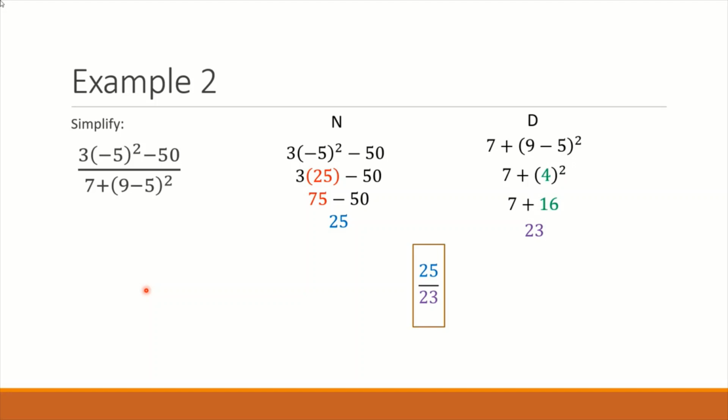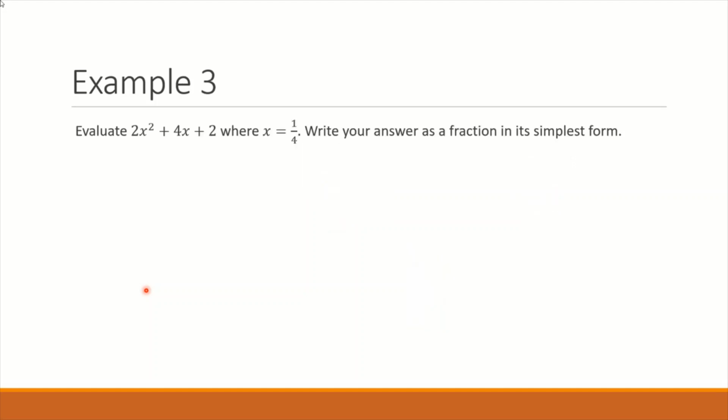Let's look at the next example, example number 3. So here we're going to evaluate an expression. Let me read it. Evaluate 2x squared plus 4x plus 2, where x equals 1/4. And then write your answer as a fraction in its simplest form.